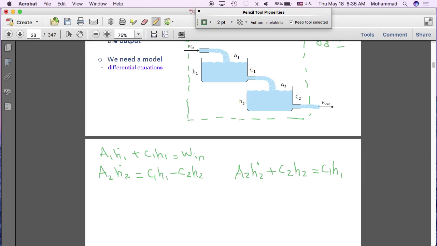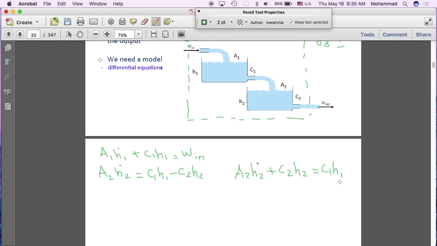So we have two equations. And now this is a second order system. You already mentioned that.